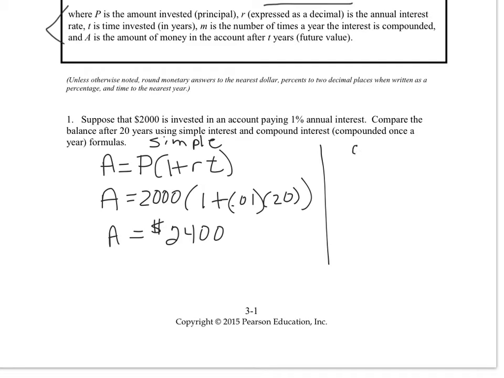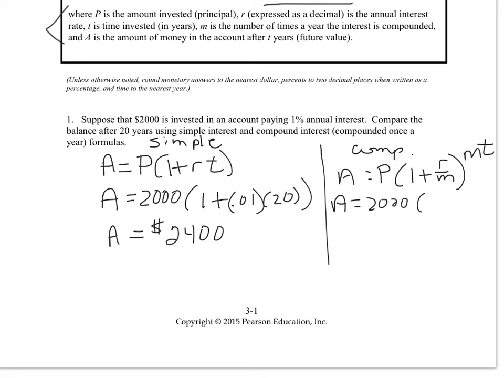Now, if I want it to be compounded, my formula is a little different because remember, it's A equals P times 1 plus R over M, raised to the MT power. Now on this problem, I'm still looking for the A. P is still 2,000. But the rest of this is a little different in my formula.